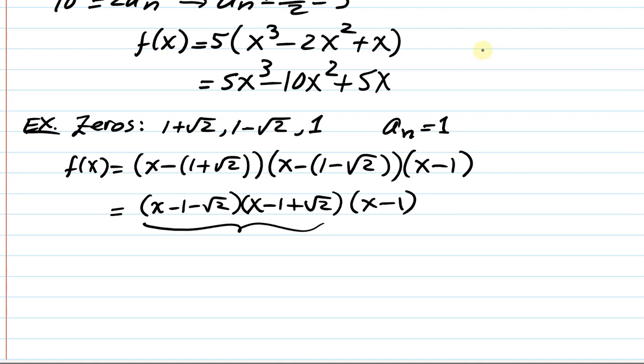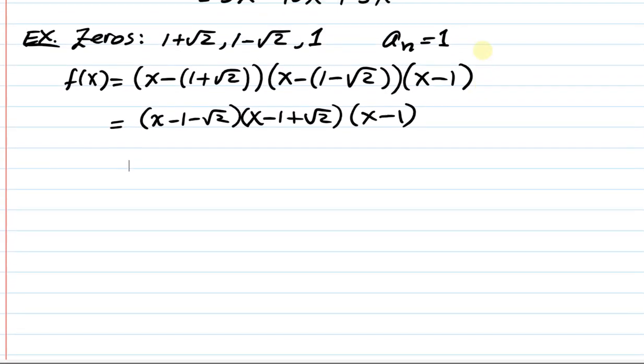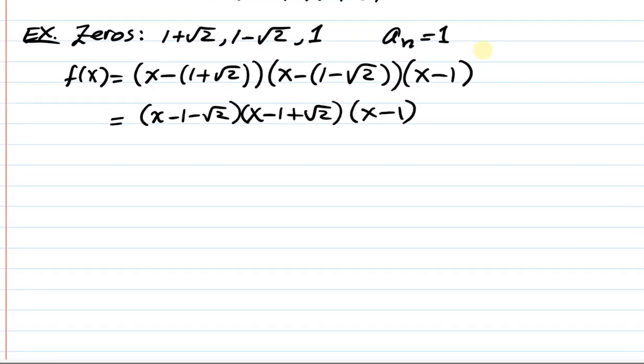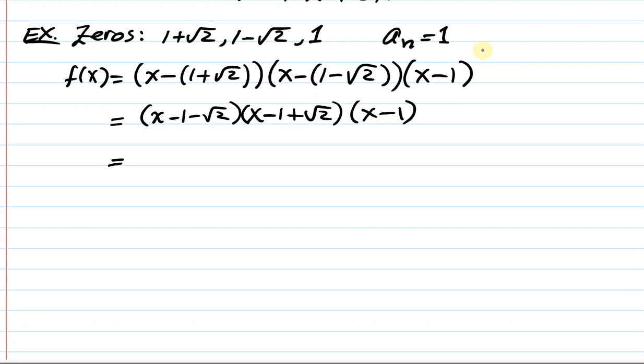I'm going to multiply these together, and this time I'll show you the details of the work. I'm distributing this way, and then this way, and then this way. You can try to see if you can do that on your own also.